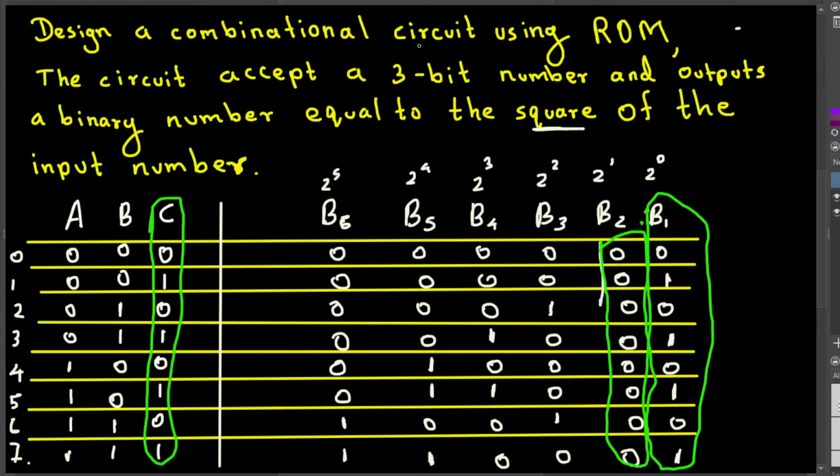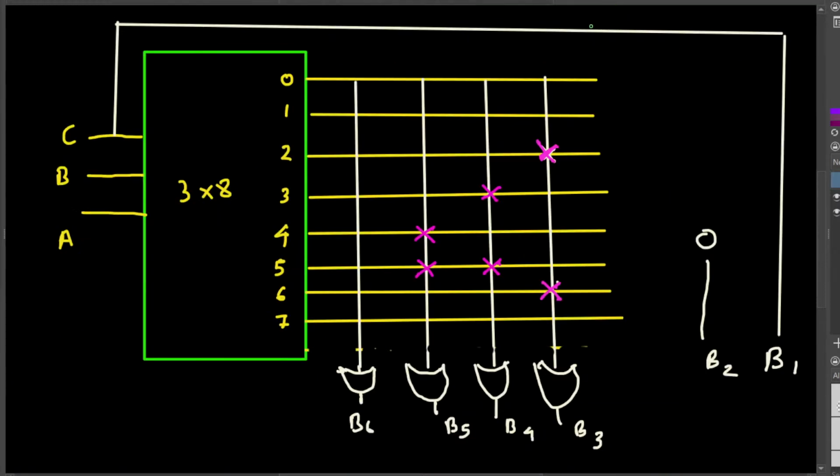And B6 is turned on at 6 and 7, 6 and 7. Okay. So that's basically it.